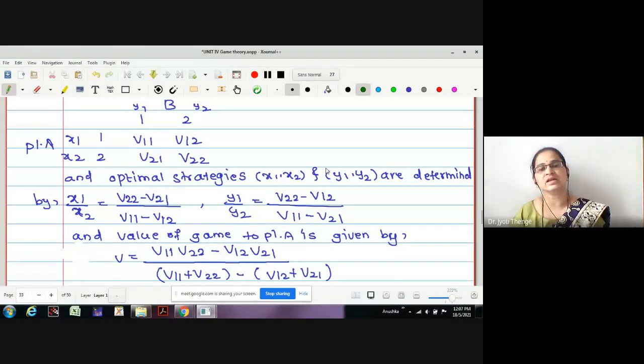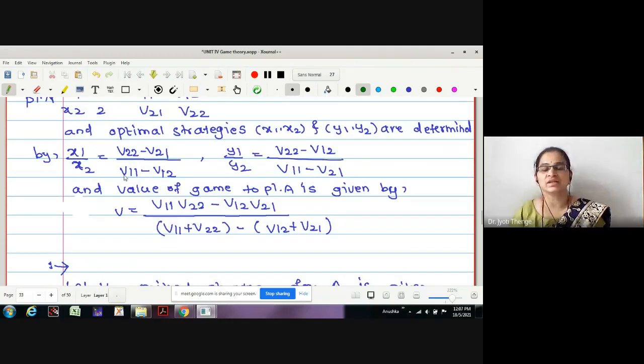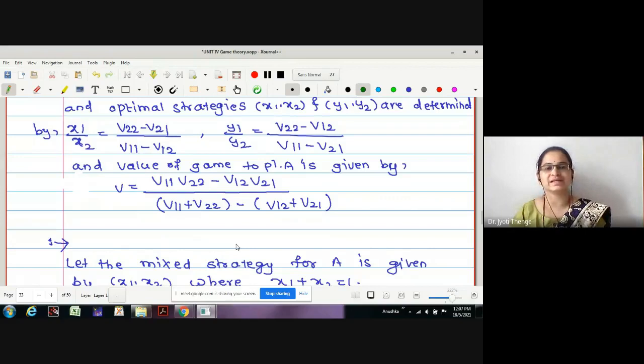Similarly, y1, y2 are the probabilities of player B playing the activities 1 and 2 respectively. In this theorem, we were giving direct values of x1 and x2 with this relation, x1 by x2 equal to this, y1 by y2, and similarly we have found the value of the game. Means no need to use any other methodologies for this. Directly one can use the formulas.